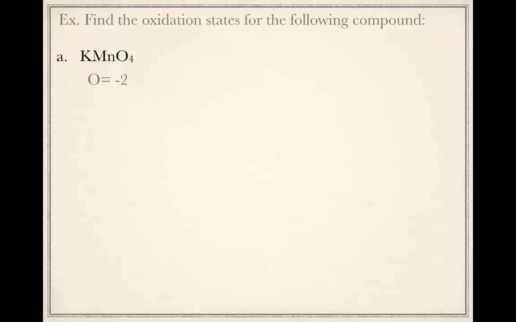Potassium is a group 1 metal, therefore it's always going to be +1. To figure out the oxidation state of manganese, I know that oxygen contributes -8, potassium contributes +1, therefore to make sure that the compound has an overall oxidation state of 0, manganese must have an oxidation state of +7.